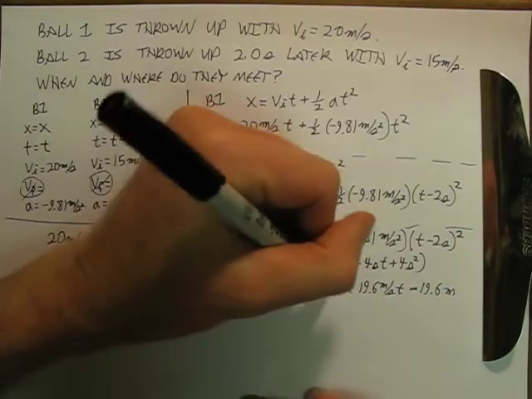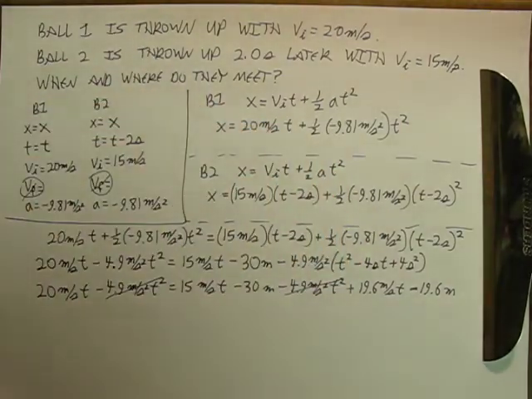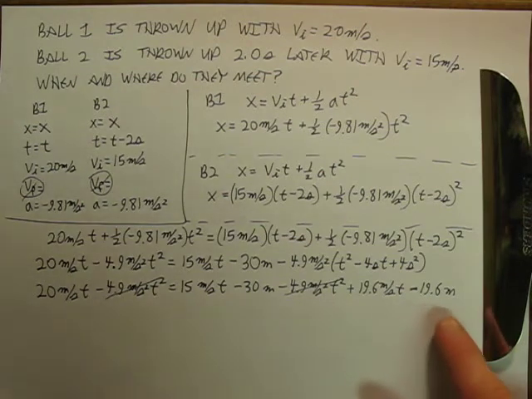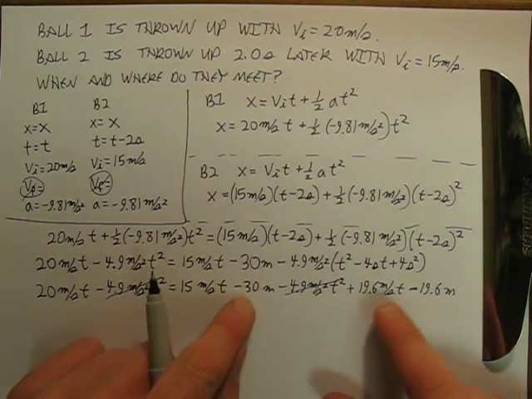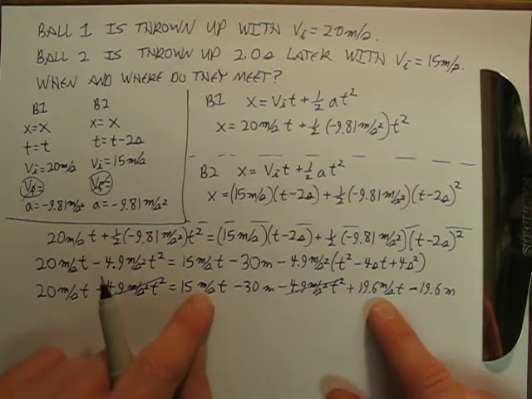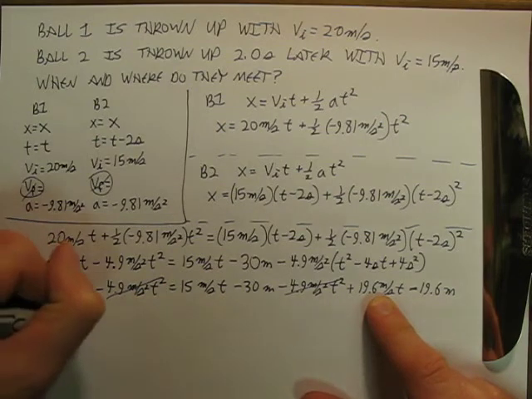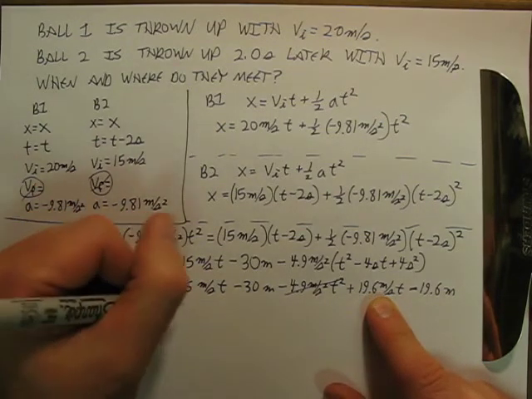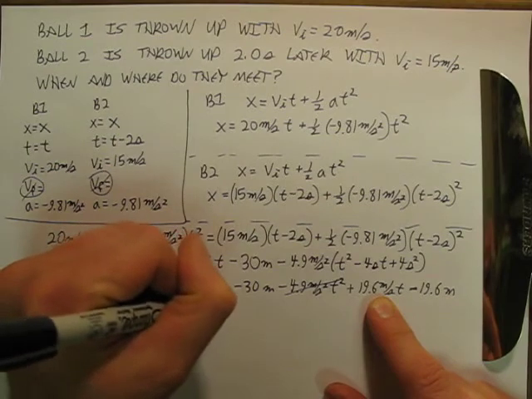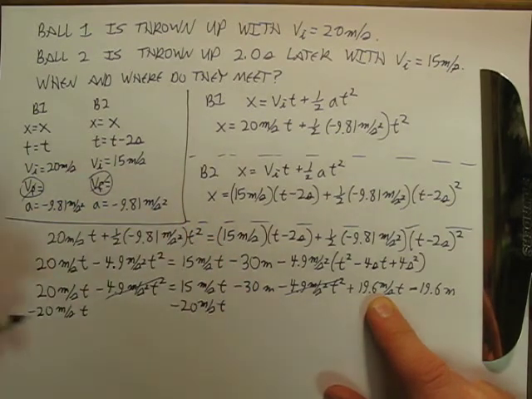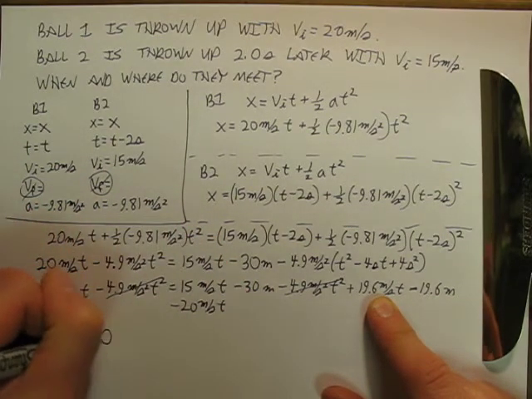Okay, now I'm going to start canceling stuff and combining like terms. That term right there is going to cancel that term right there because they're identical. I'm going to take this term and this term, and I'm going to subtract off 20 meters per second T from both sides. So my whole left side is going to be 0.